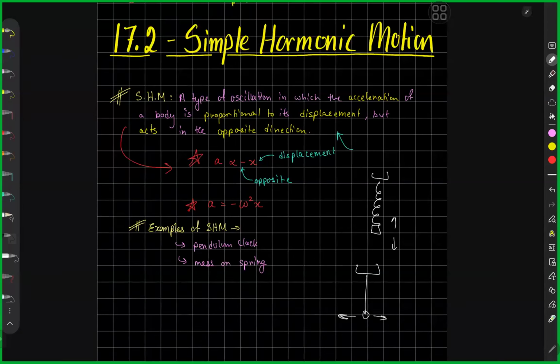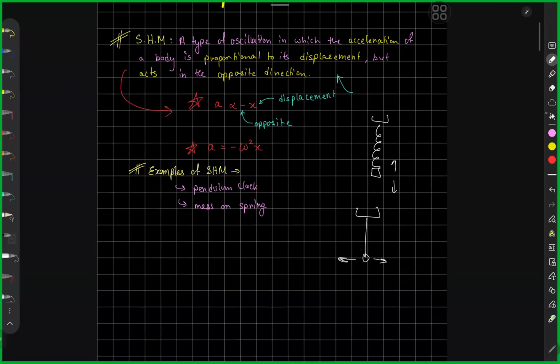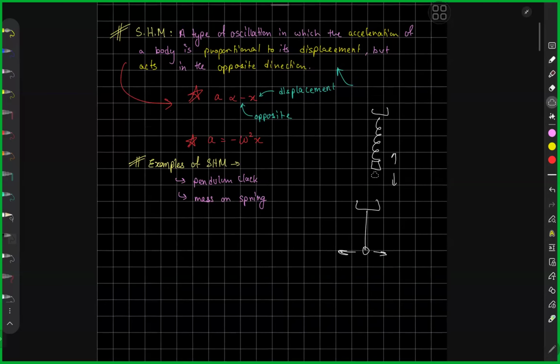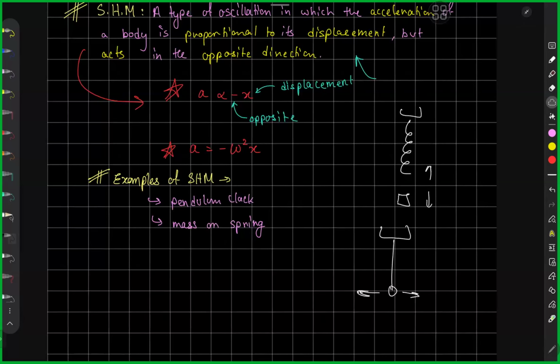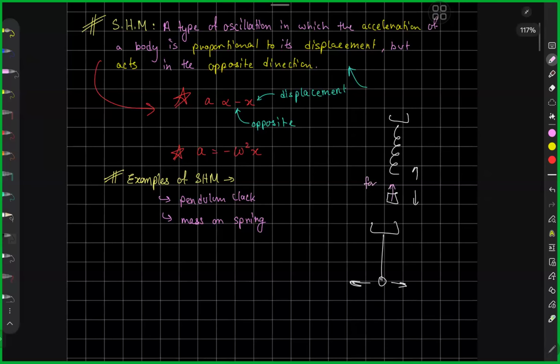So in simple harmonic motion, what really happens is if the body is displaced, let's say over here, I pull it down. What happens now? Due to a displacement, due to me stretching the spring, there is now an upward force on the mass.